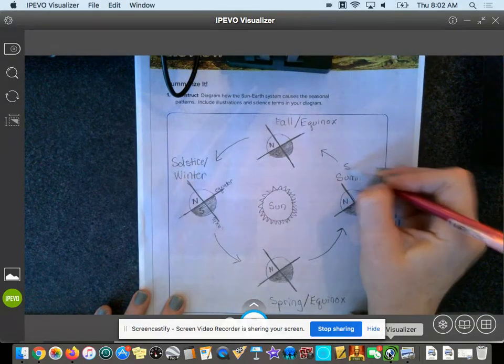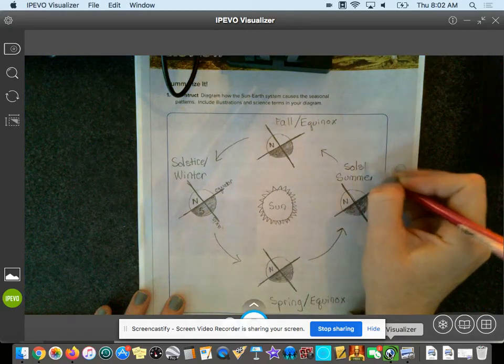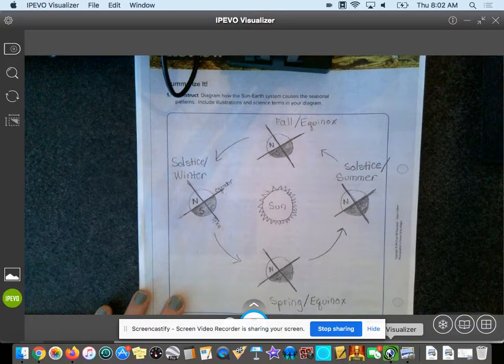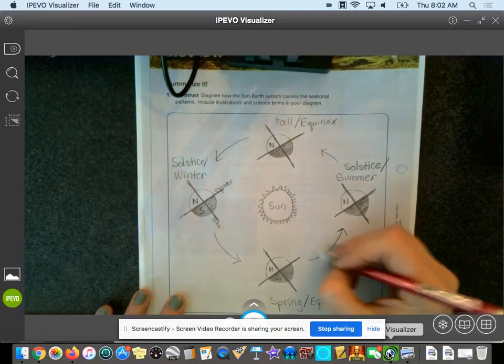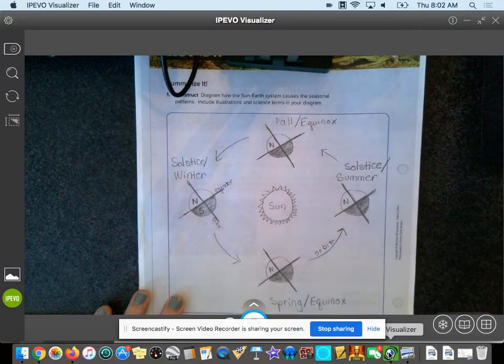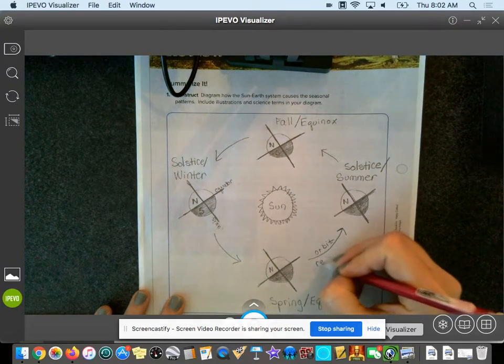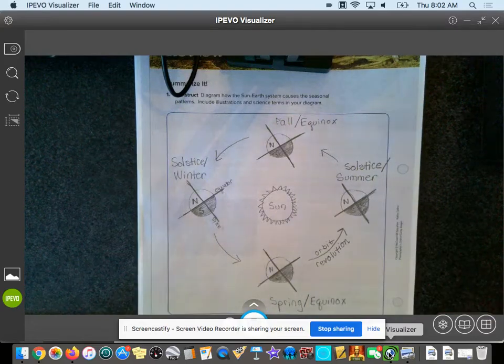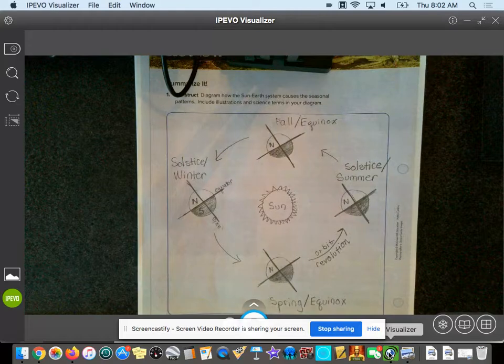And this is a solstice. Maybe I also could have labeled that this path is known as Earth's orbit. And the verb we use for that is the revolution of Earth. As Earth goes around the sun, that's revolution.